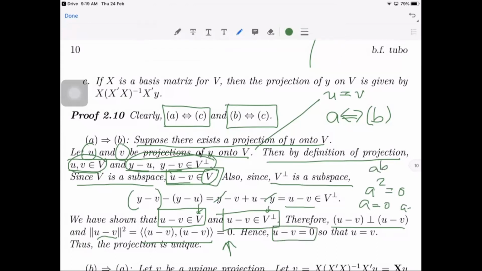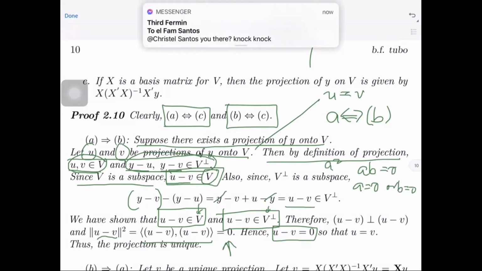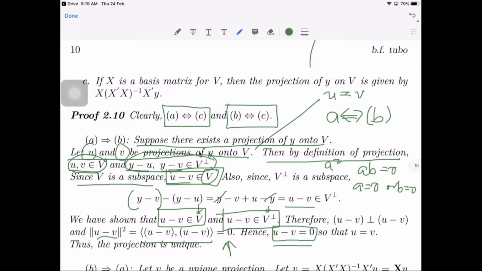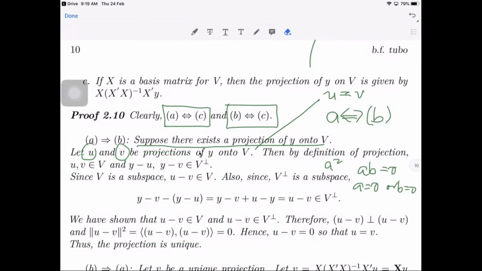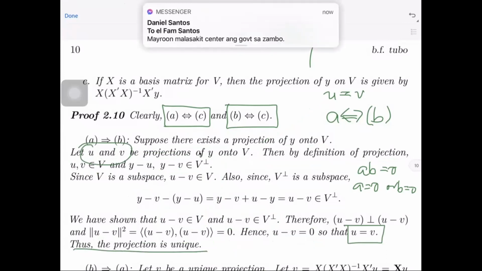Right? Inner product of A, B equal to 0 means A is 0 or B is 0. So ours is just A squared. So it means that U minus V is 0, meaning U is equal to V. And then we have shown the uniqueness of your two projections here. That is, U is just equal to V. Therefore, the projection is unique.